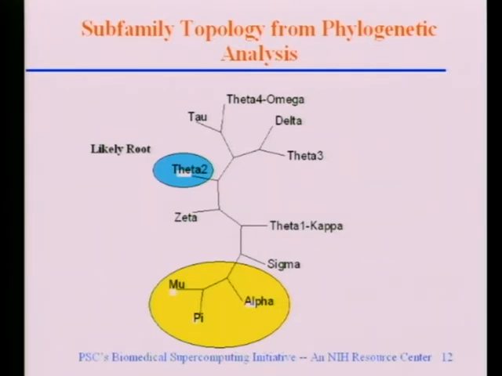And you'll notice I have 1, 2, 3, and 4 different things labeled theta that were labeled in the literature and in our original annotation as theta sequences. These divided out into 4 separate places on the tree, indicating that the theta group's not really a coherent group.